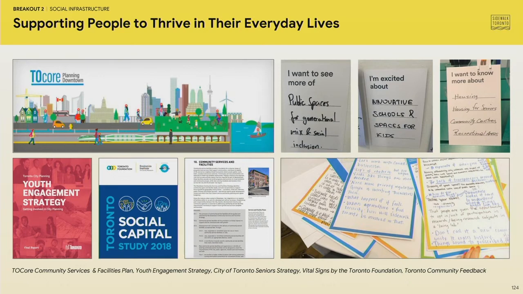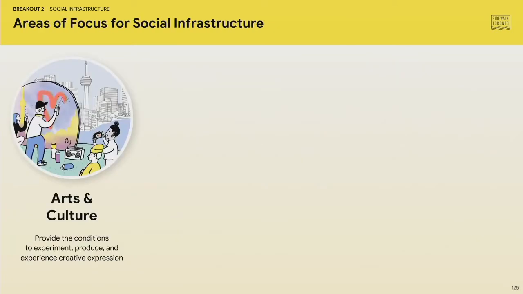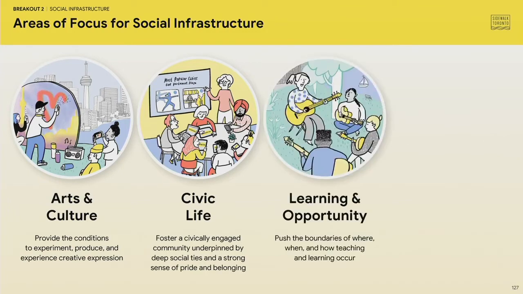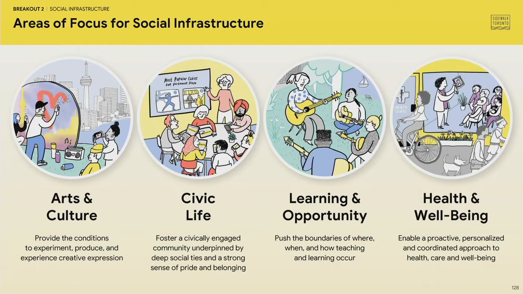Social infrastructure is key to this vision. This means ensuring that people have access to arts and cultural activities and opportunities for creative expression, that they feel like they belong and have a voice in their community, and they are able to access learning opportunities not just as children, but throughout their lives, and that they are able to lead healthy lives and access services that help to keep them well.